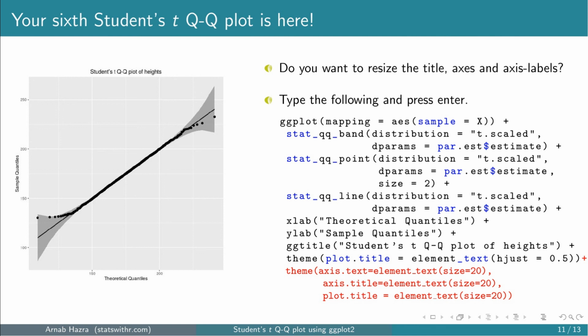Axis.title = element_text(size = 20), which increases the font of the axis titles. And plot.title = element_text(size = 20), which increases the font of the plot title. If you don't want one or two of them, you can remove that line. The larger the size you want, you need to fix a larger number. So choose a number accordingly.